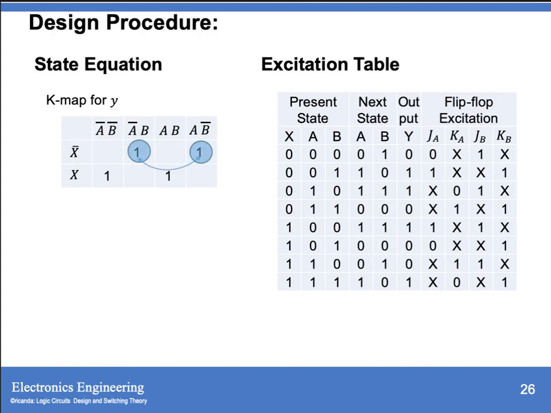Okay, so we have to group this by individual 1s with a common of X bar and X for the first row and the second row. So therefore, we have X bar, A XOR B, or X, A XNOR B. Or we can rewrite that one as X XOR A XOR B.